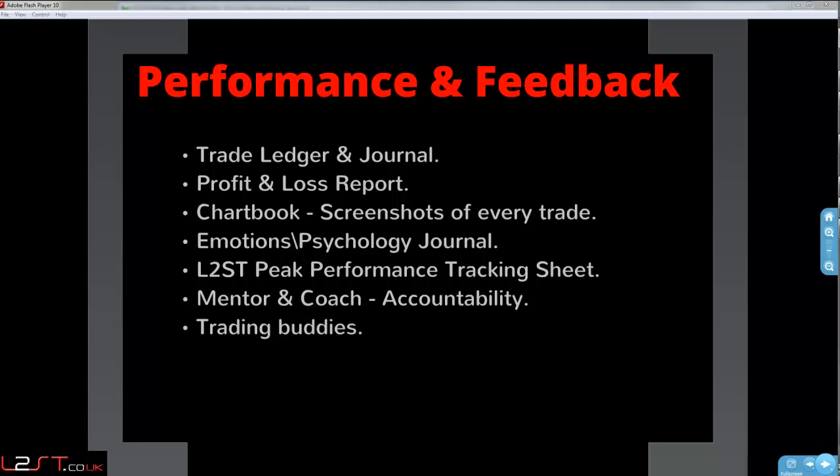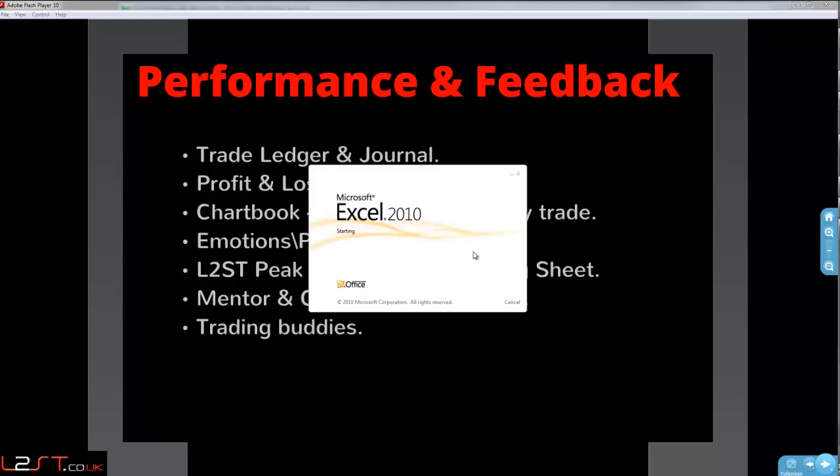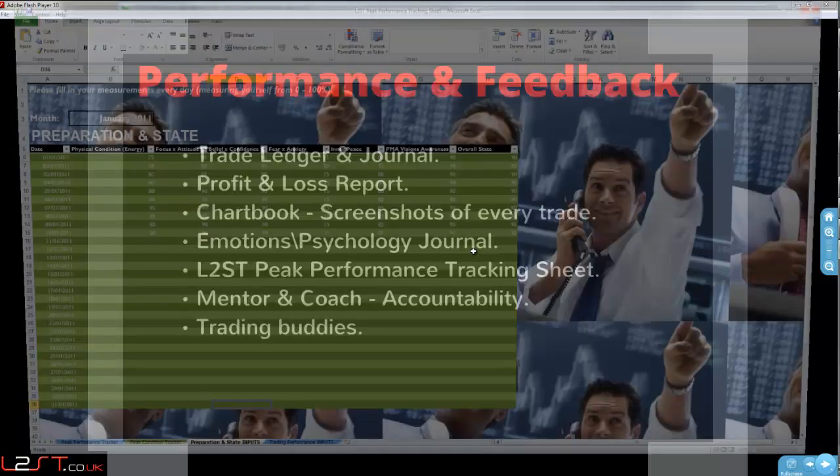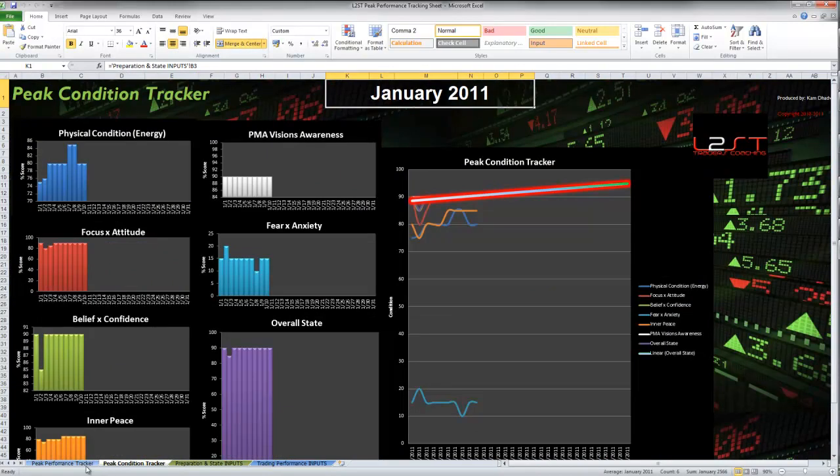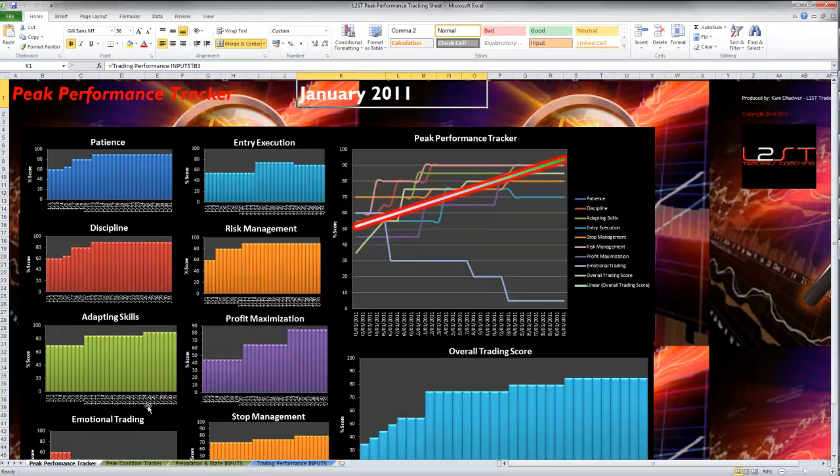Here we are. So this is something that, I mean, you can change these, what you're recording and what you are looking at. But basically, these are some of the metrics that I like to track myself as a trader.